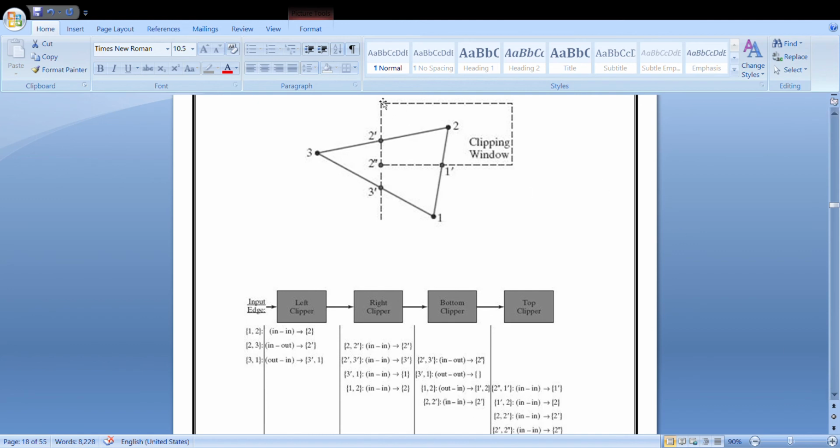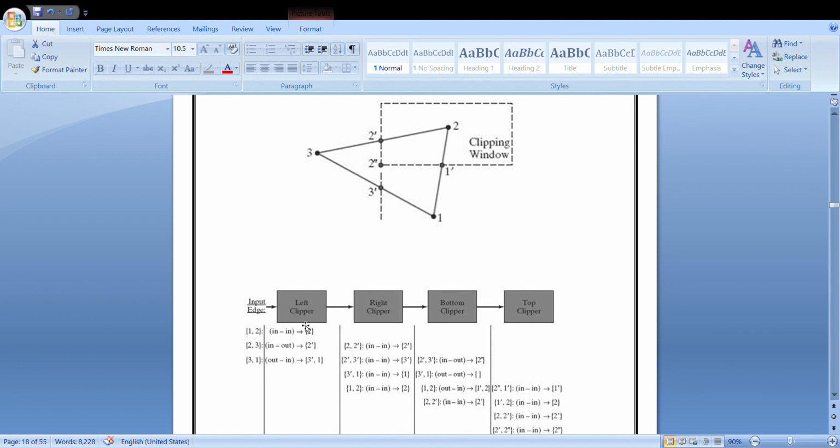So now see, this is your one line here. Extend this left clipper. So at what all points this left clipper intersects, we'll see. So first we'll see the line 1 2. If you see the line 1 2, it is not at all outside the boundary when you're talking about the left clipper.